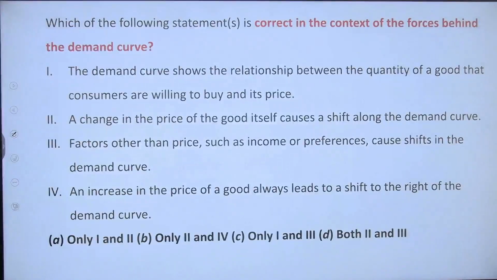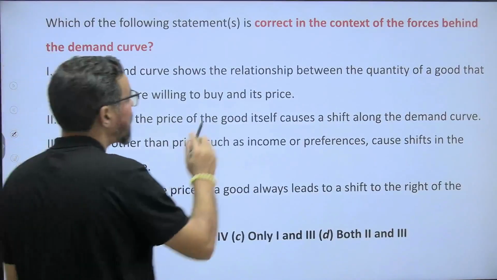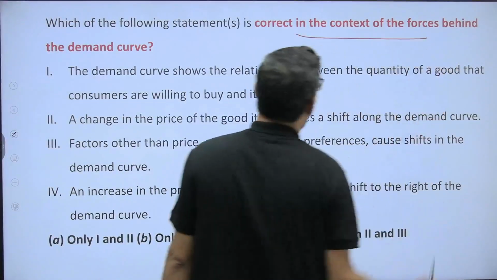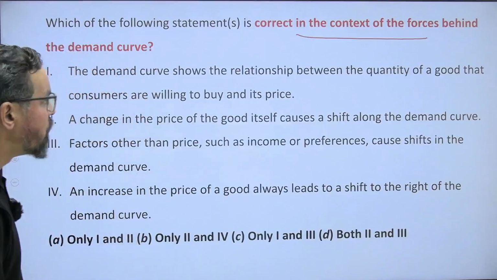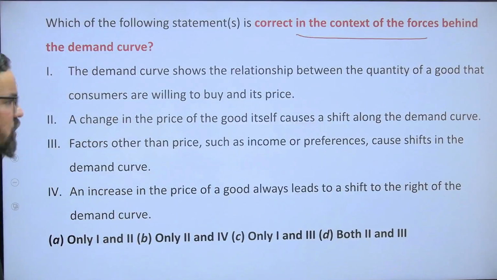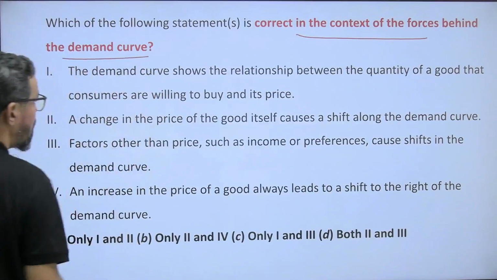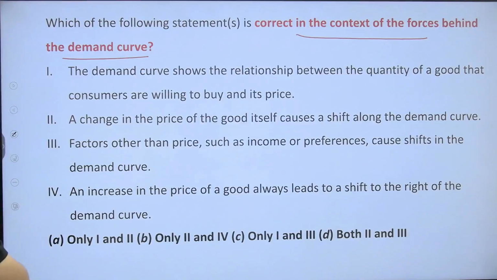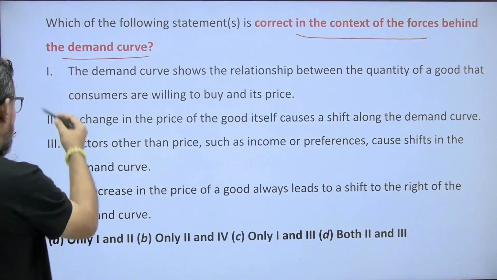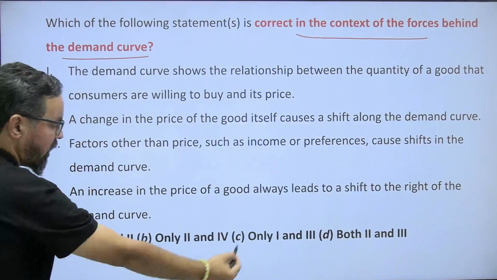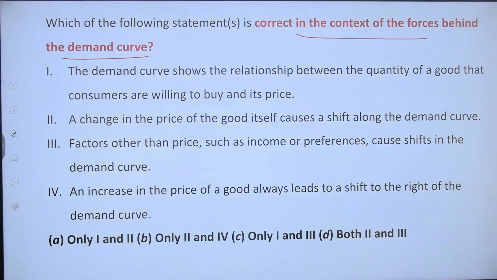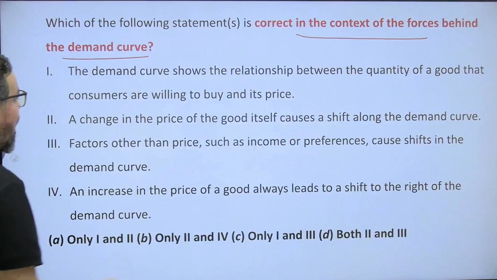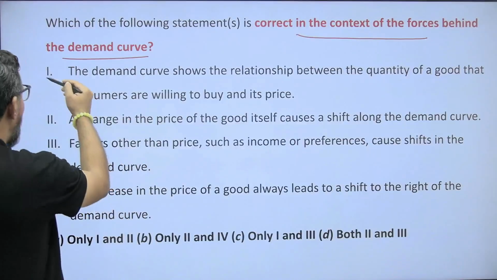Next one. Which of the following statements is correct in the context of forces behind the demand curve? They have given four statements and you have to find the correct one. The demand curve shows the relationship between the quantity of a good that consumers are willing to buy and its price.